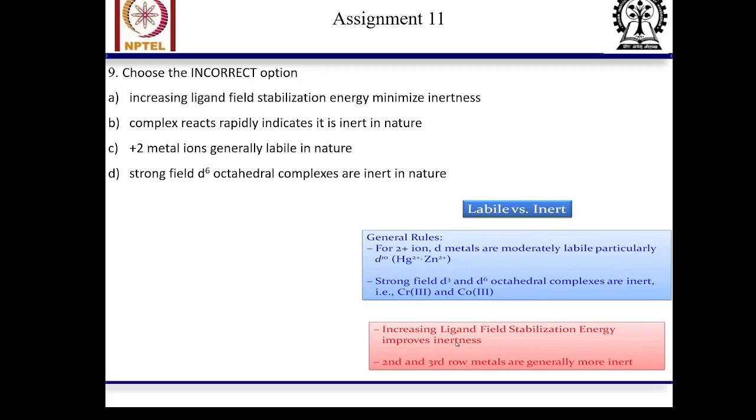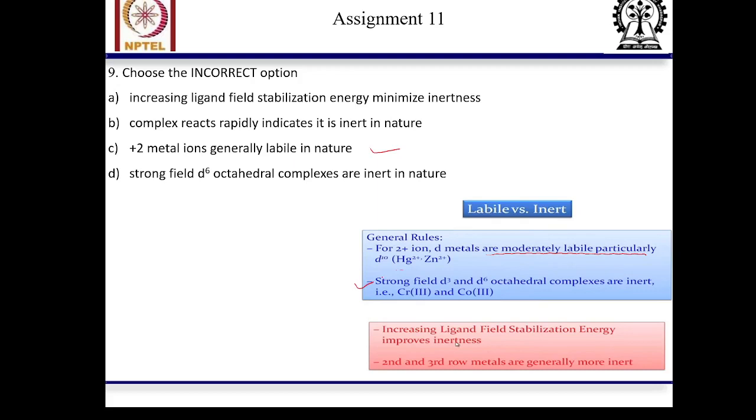Generally we say that plus 2 d-block metal ions are moderately labile, particularly d10. That is the plus 2, and this is correct. The second thing is that strong field d6 complexes are inert in nature.